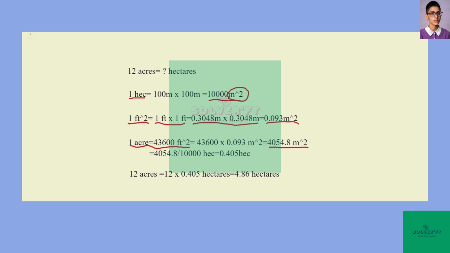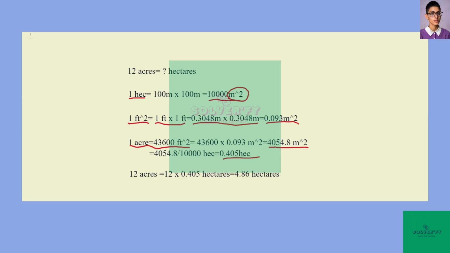The last step would be pretty straightforward. We can now directly convert acres into hectares by dividing the value in meters squared by 10,000. So then we get that 1 acre equals 0.405 hectares.